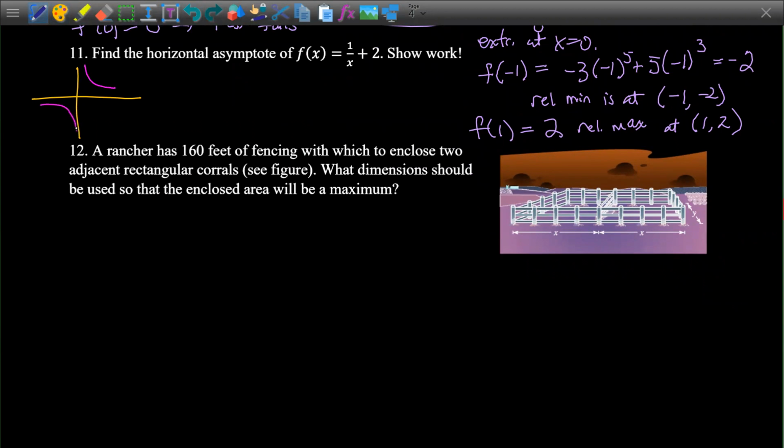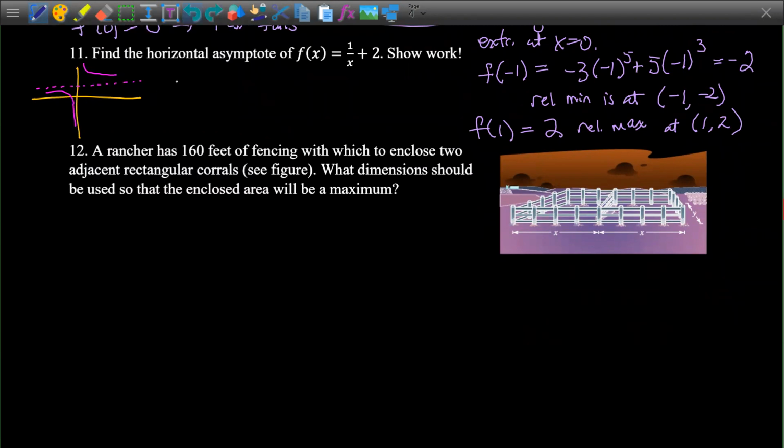So if we have +2, then the whole thing just shifts up by 2. And this says show work. So I don't want to just use that intuition that I just showed you to answer the question. I actually want to show the work.